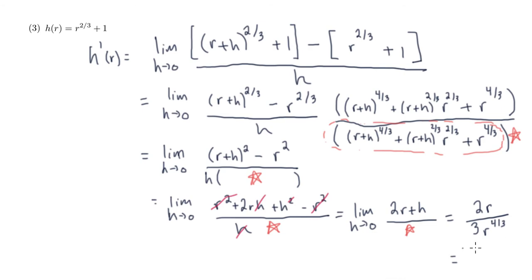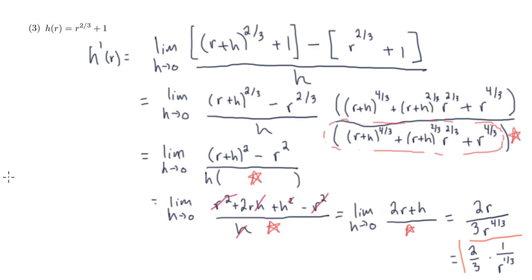R can't be 0. But this is just 2/3 times 1 over r to the 1/3. And that's the answer. That's the derivative of h, the derivative function.